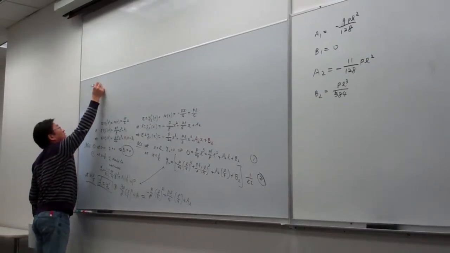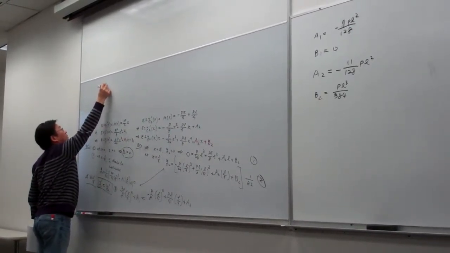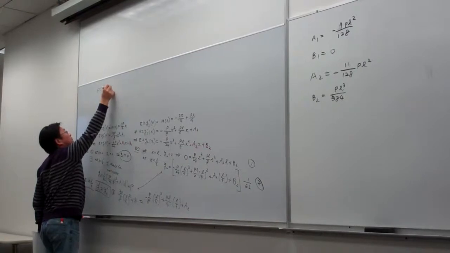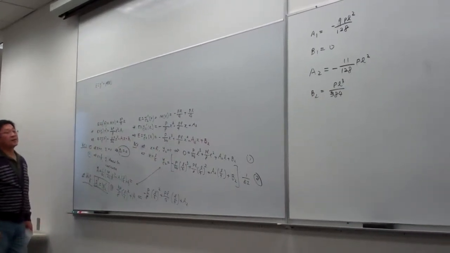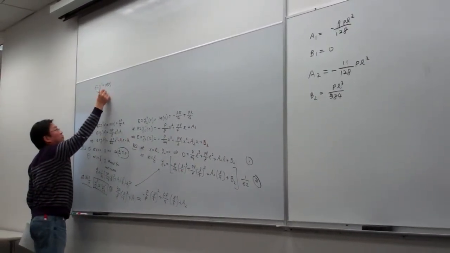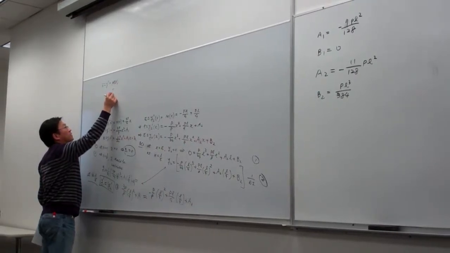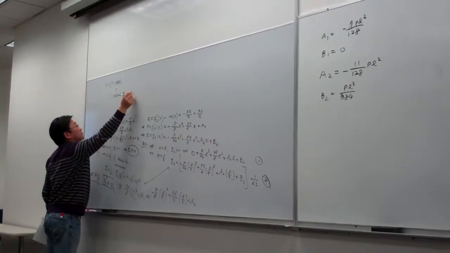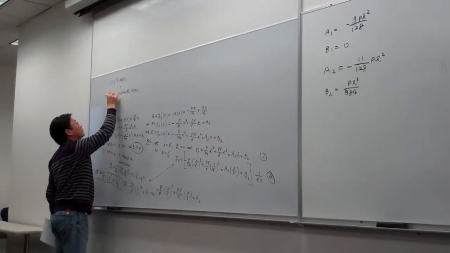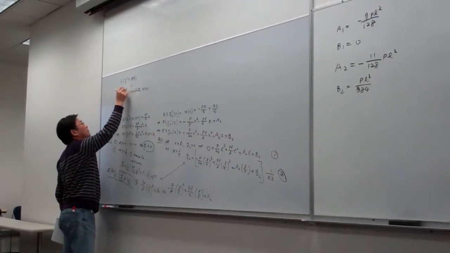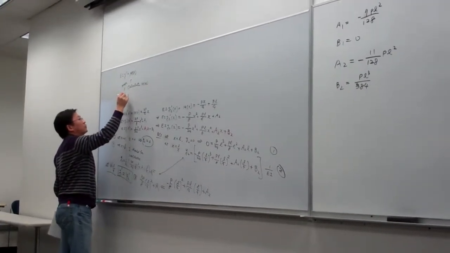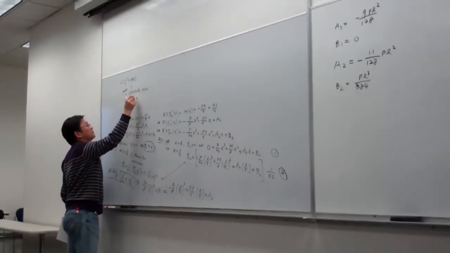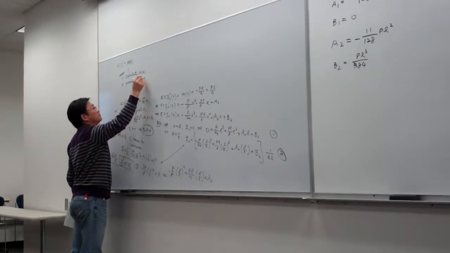From this equation, EI y double prime equal to M of x, that is our starting point. We calculate the M of x first, and then we proceed with the integrations.